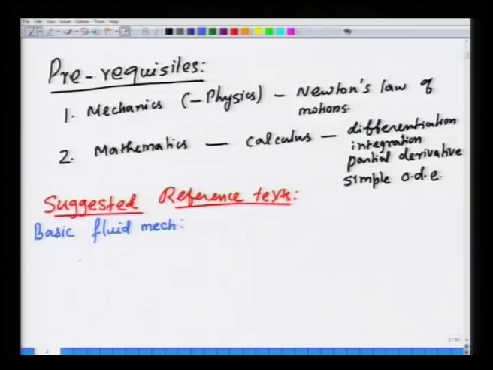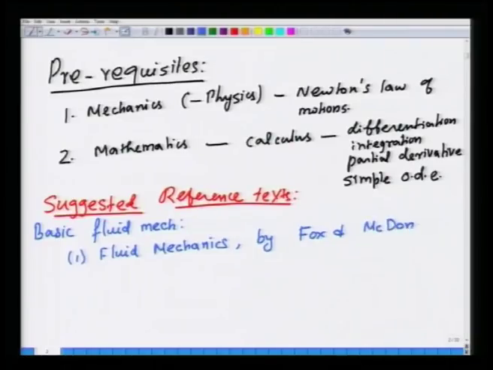The material that is covered in this course is roughly the same as what is followed in the text Fluid Mechanics by Fox and McDonald, and we now have the 7th edition of this text available.